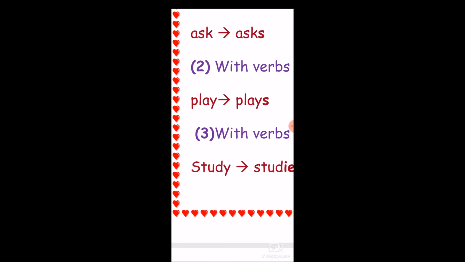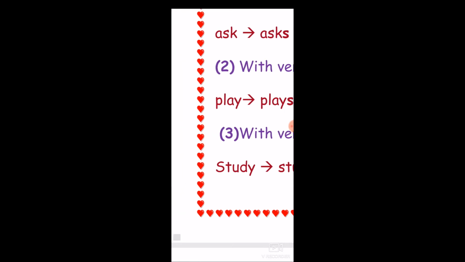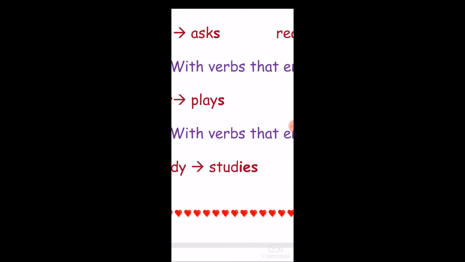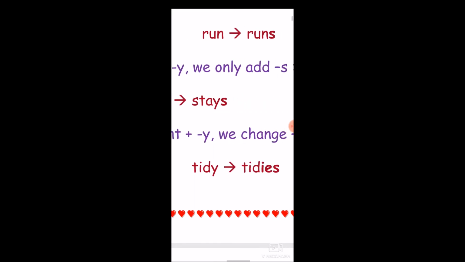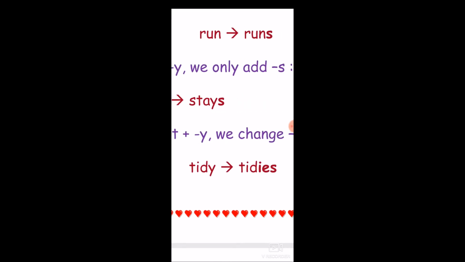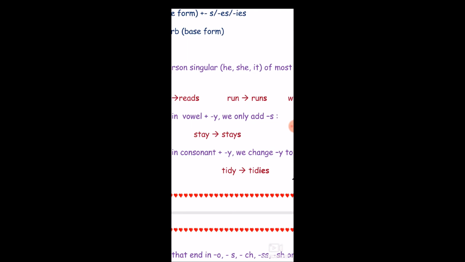The first example is study. If you look at the verb study, it ends with y, before it d. Is it a vowel? No. So we must drop y, add ies. Studies. Another example. Tidy ends with y, before it d. Is it a vowel? No. So remove y, add ies.